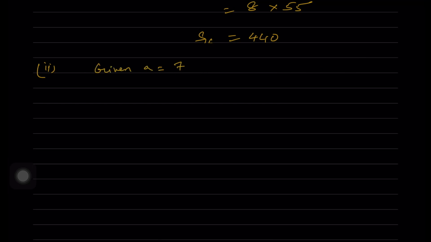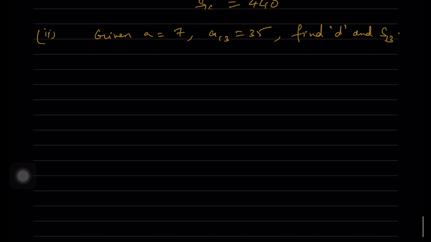The third one is given A is equal to 7, A13 is equal to 35, and we have to find here D and S13. So now from this we have to find out what is the common difference also.